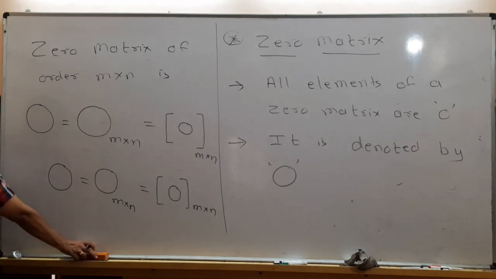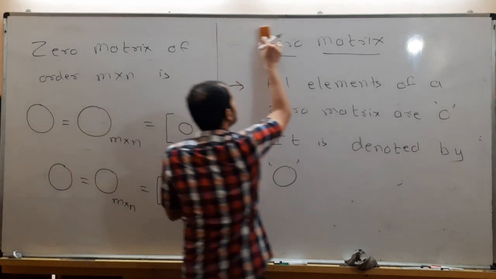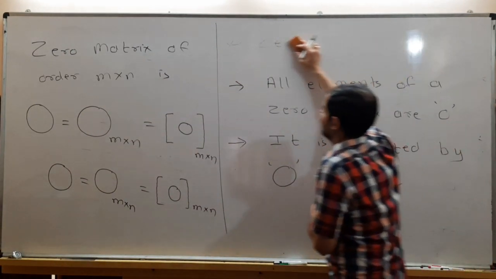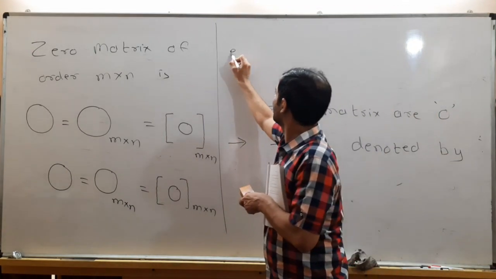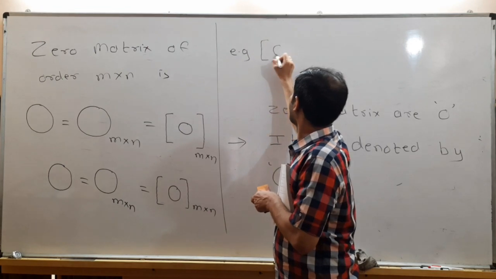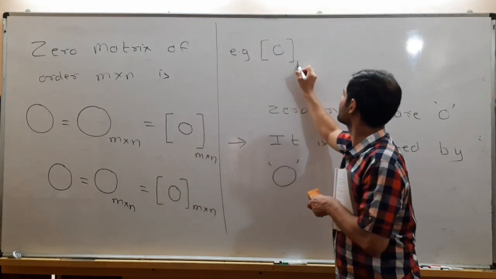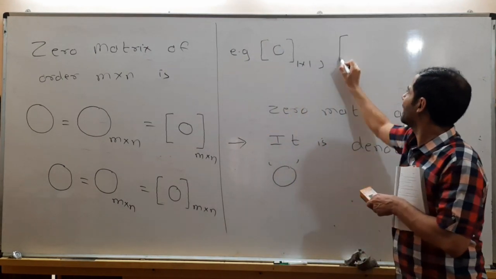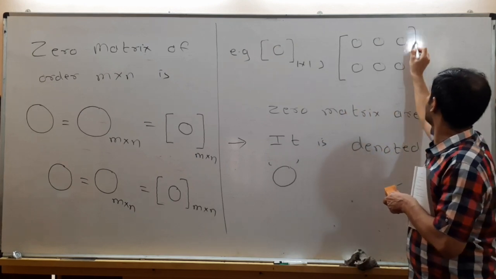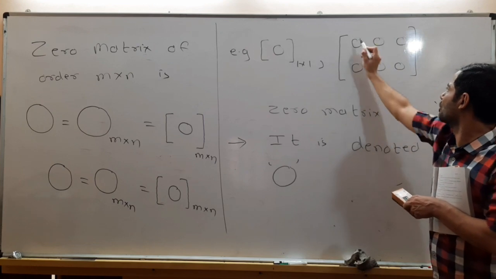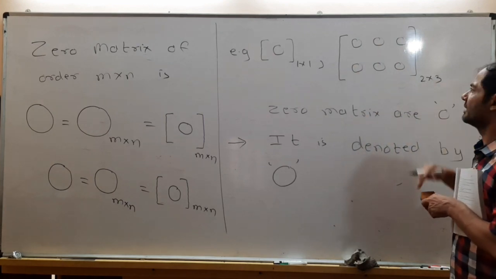So this is a zero matrix, and you can give examples very easily. Many examples are there, like this is 1 cross 1. Then you can write 0, 0, 0, 0, 0, 0. It has 2 rows and 3 columns, so 2 cross 3.